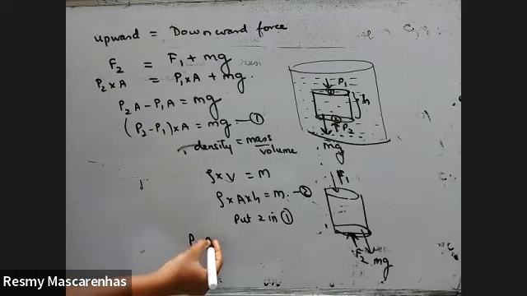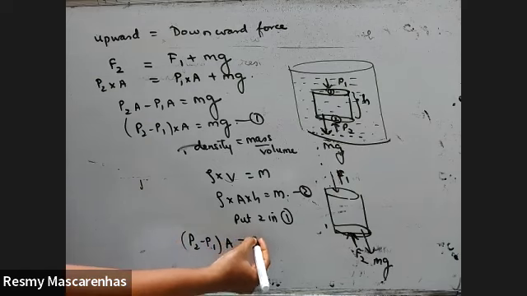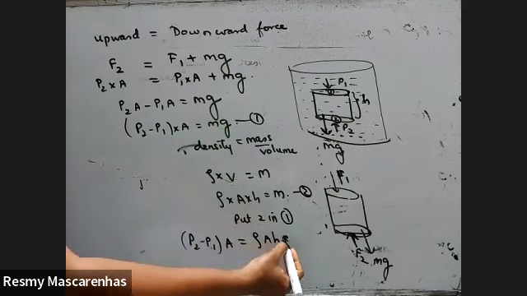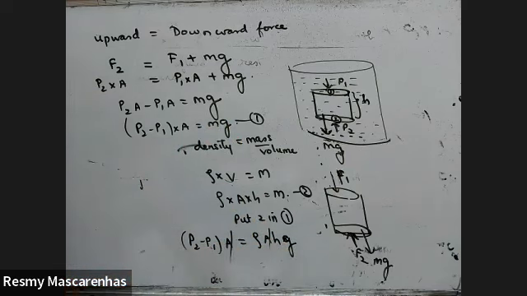P2 minus P1 is equal to rho A h into g. A and A will cancel. So P2 minus P1 is equal to rho h g.